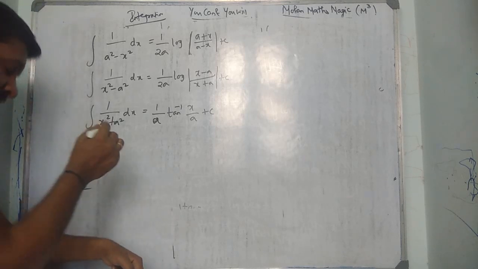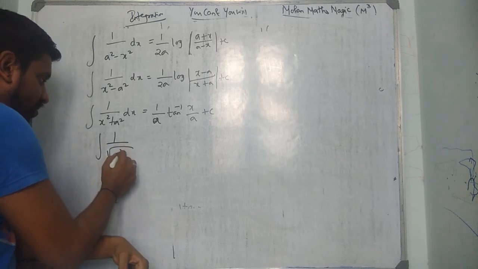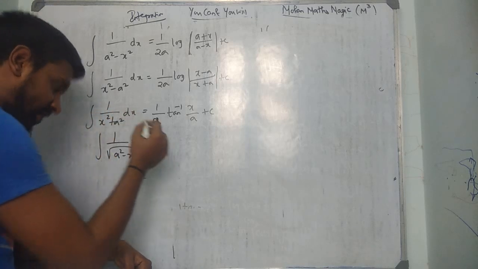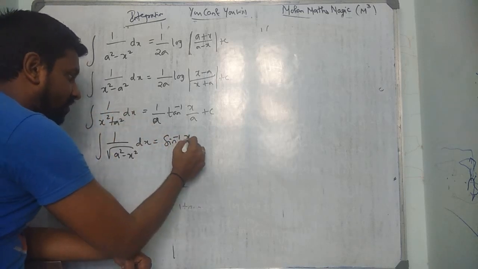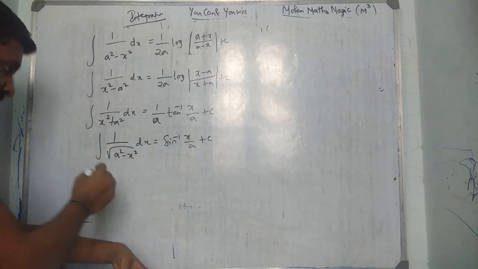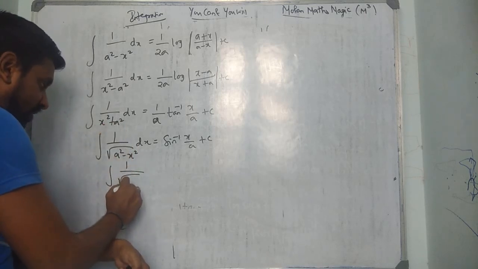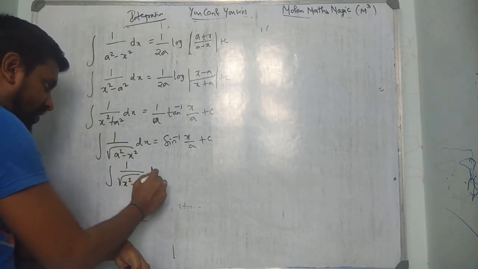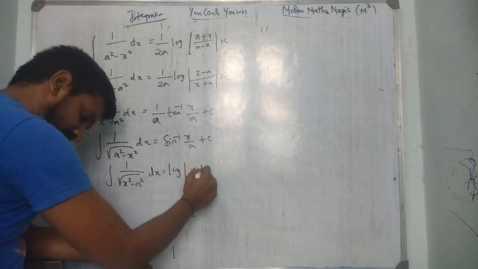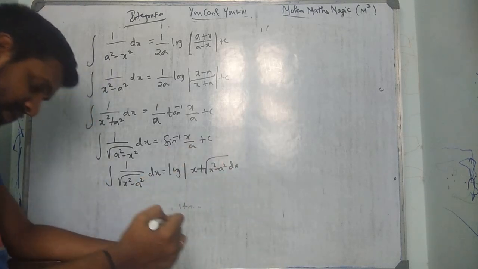The next one is square roots. That is the integral of 1 upon the square root of a square minus x square dx, which is equal to sine inverse of x by a plus c. Similarly with a in place of a. And the integral of 1 upon root over x square minus a square dx is log of modulus x plus root over x square minus a square plus c.